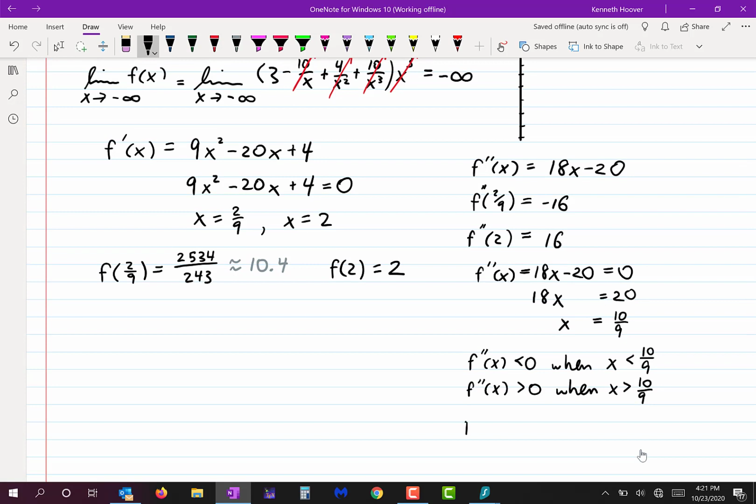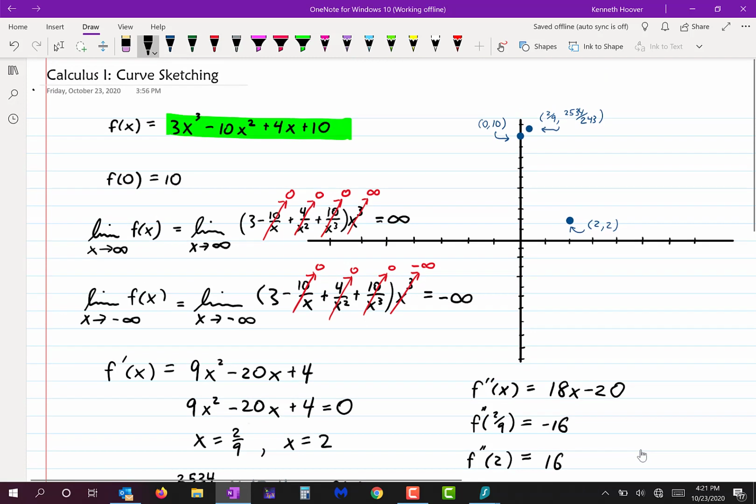That's called a point of inflection. When the concavity changes. Okay, let's plug 10/9 into our original function up there highlighted in green. Plug in 10/9 and let's see what we get.